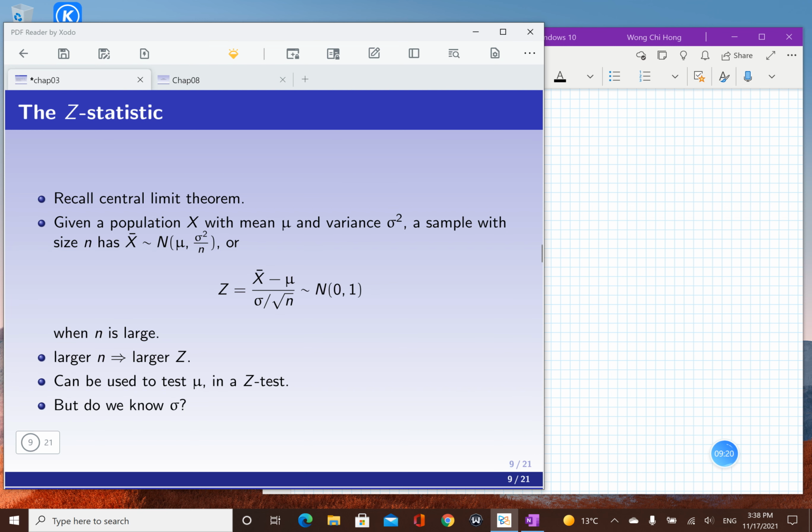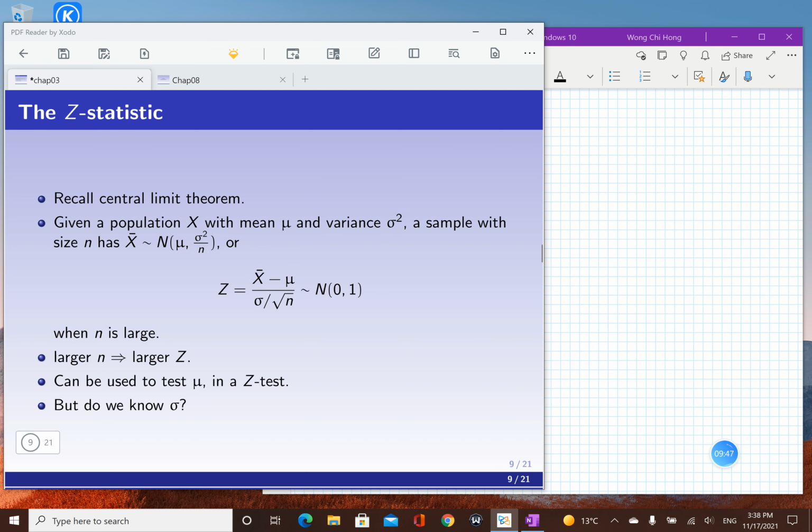Okay. Recall our central limit theorem, which says that no matter what population we start with, eventually your sample mean x bar would behave like a normal distribution, with an average value of mu and a variance value of sigma squared over n.